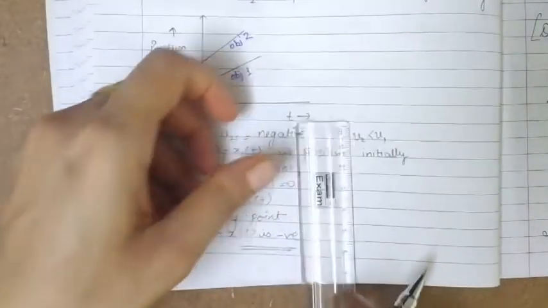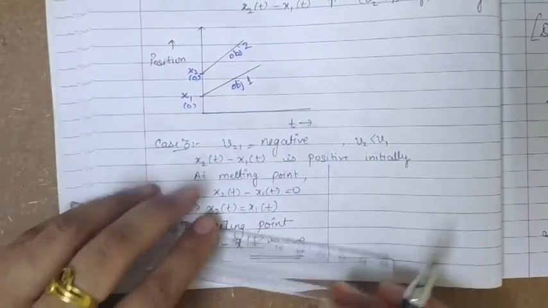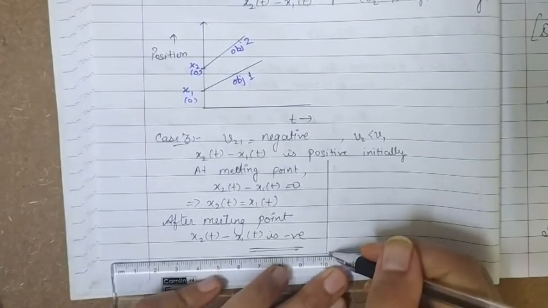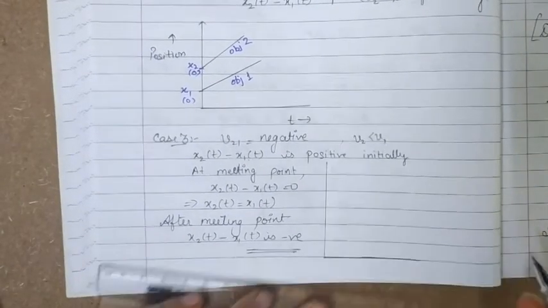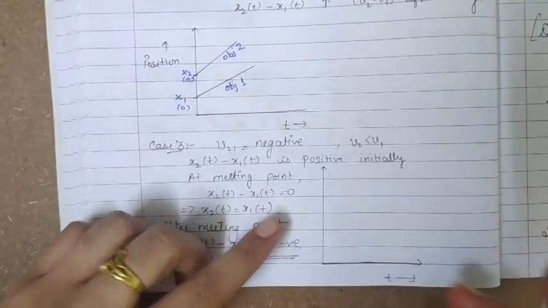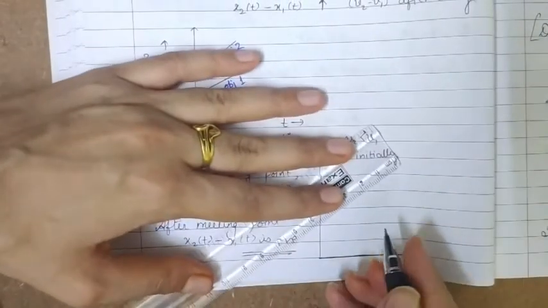Again we are going to make a position-time graph. On the x-axis we will take time, and on the y-axis we will take position. This is for time and this is for position. Now the graph for the first object is like this.